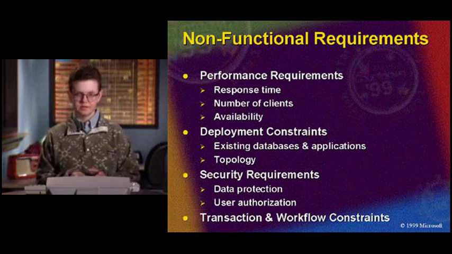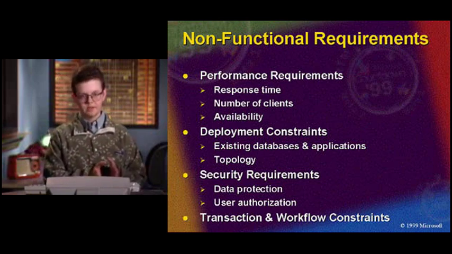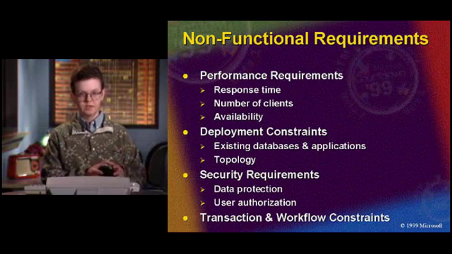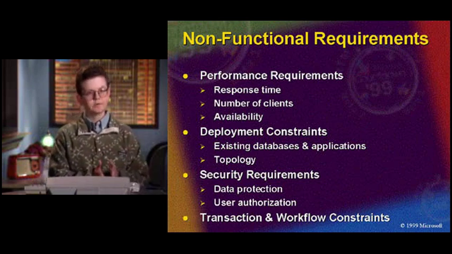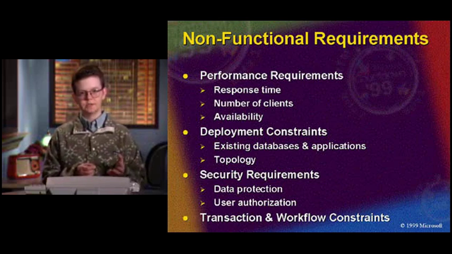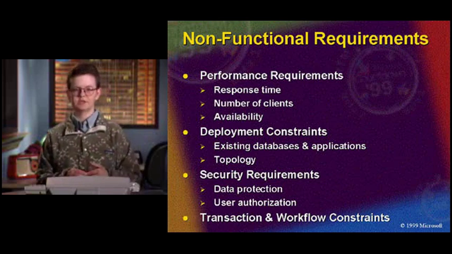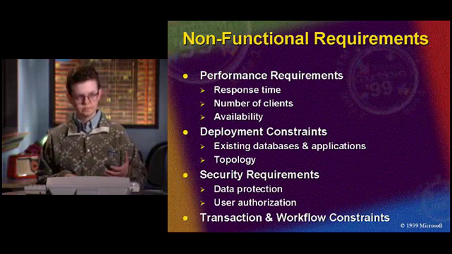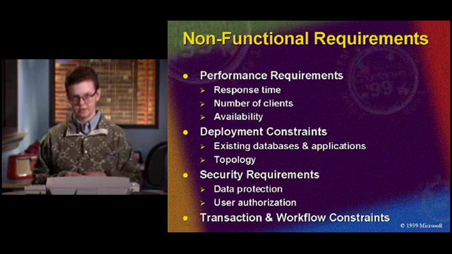So in some cases, it's much better to do that data protection at the application level and define it as part of the contract between a client and a component than it is to rely on the underlying infrastructure to just blindly protect all the data that's going across the network, for example.